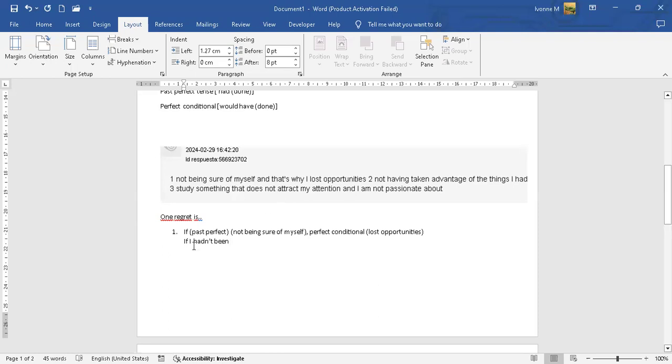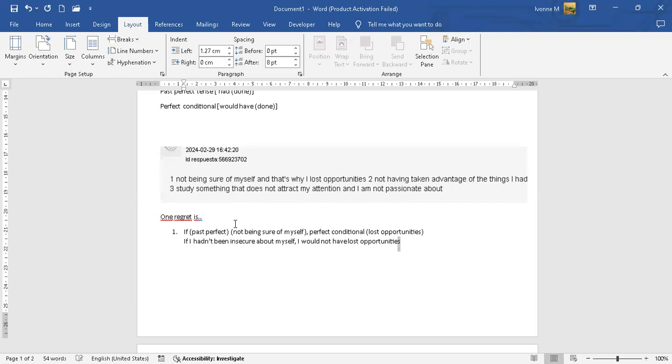I'm using the negative, so I need to use the antonym, insecure. If I hadn't been insecure about myself, I wouldn't, or I would not have lost opportunities.